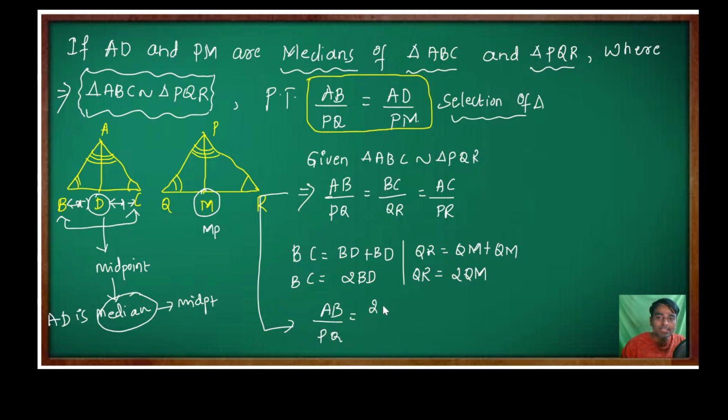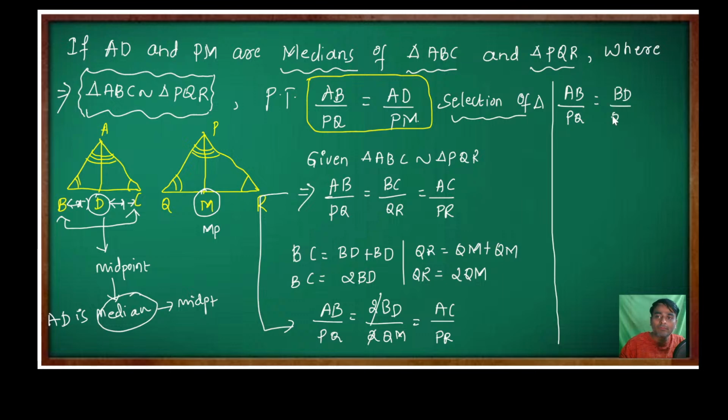Wherever BC is there, write 2BD. Wherever QR is there, you write 2QM, equal to AC by PR. This you write as it is. Can I cancel the 2 and 2 too? Yes, I can cancel. Now what am I remaining with? I am remaining with AB by PQ equal to BD by QM equal to AC by PR.